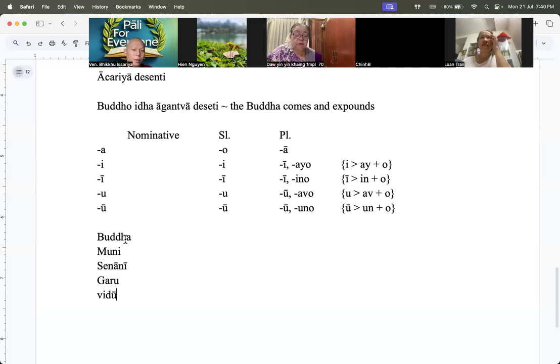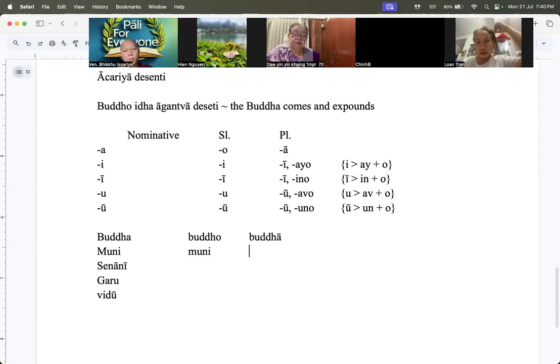So those nouns ended in the R. Here, E, E, U, U. So now Buddha for singular becomes Buddha, but for plural becomes Buddha. So Muni for singular, just Muni.